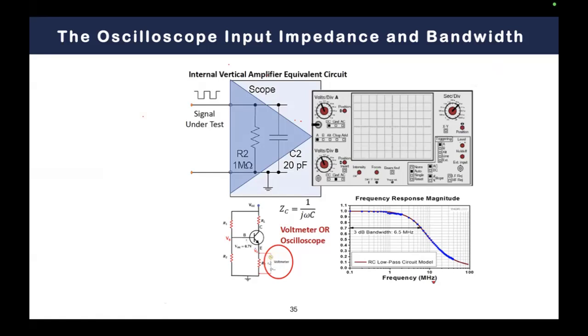First, oscilloscopes are electronic measurement instruments, which means that in the oscilloscopes we have electronic components and electronic circuits. And based on our understanding, we know that for any electronic circuit, we have what's called the input impedance.